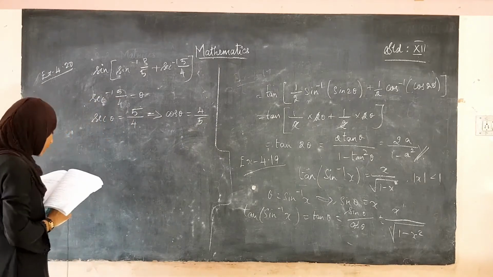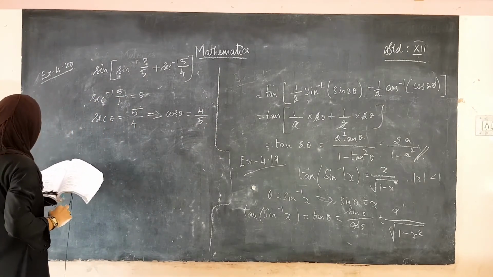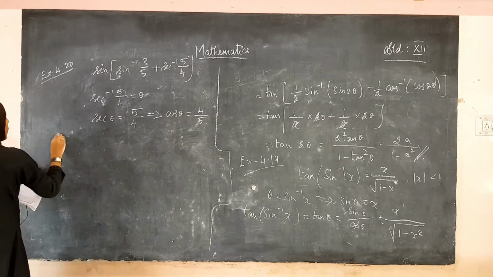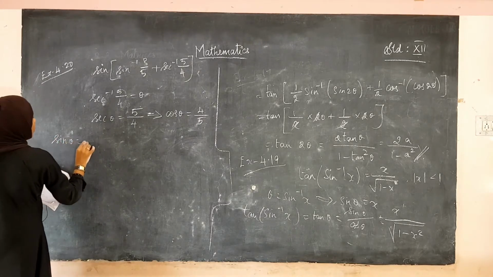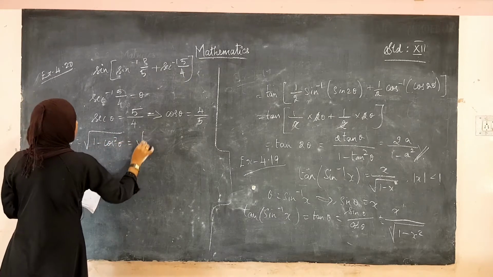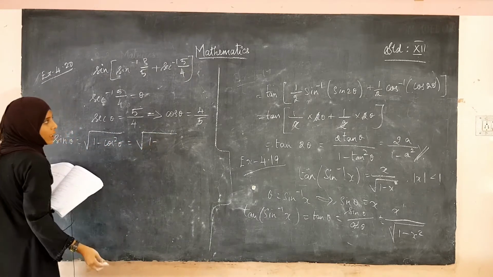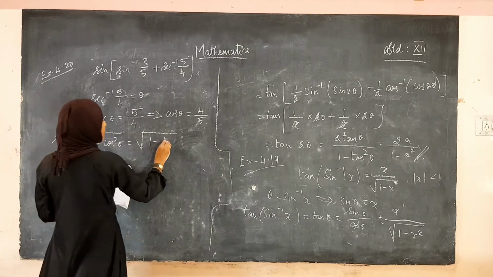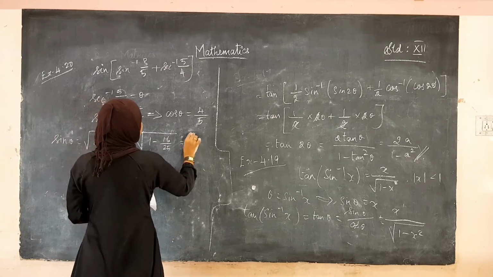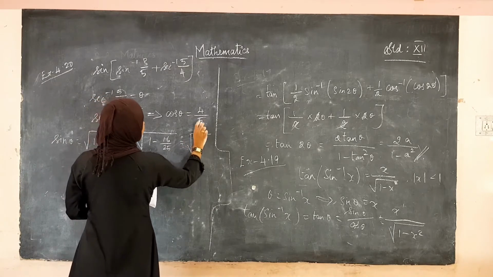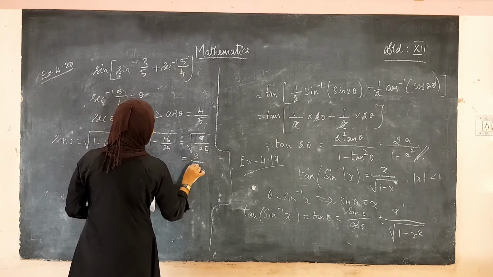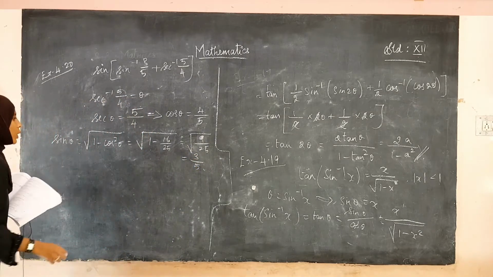And again, we know sin theta is equal to root of 1 minus cos square theta, which is equal to root of 1 minus, what is cos theta? 4 by 5. Cos square theta is 16 divided by 25. Therefore, root of 25 minus 16 is 9, 9 divided by 25. The value is 3 divided by 5. Therefore, sin theta is equal to 3 divided by 5.